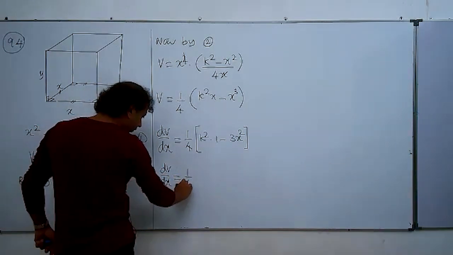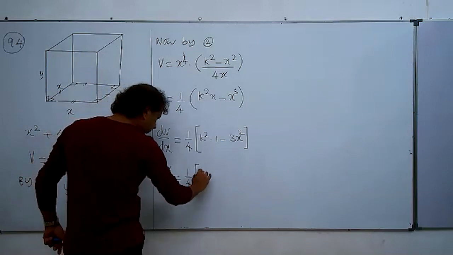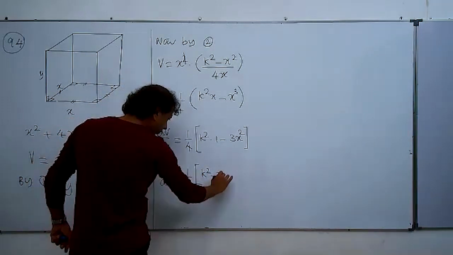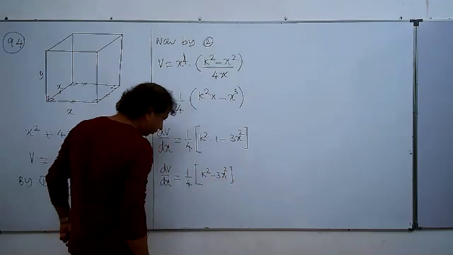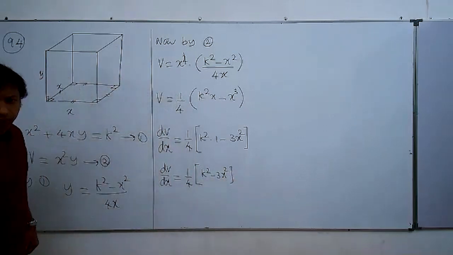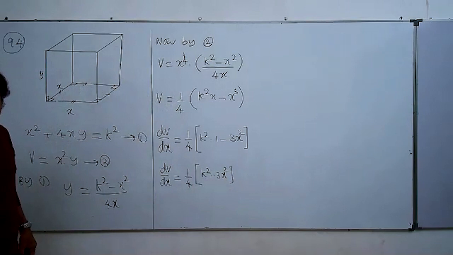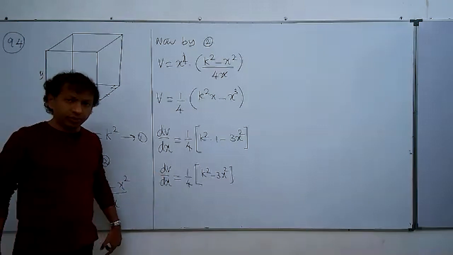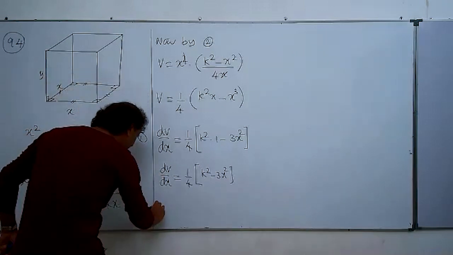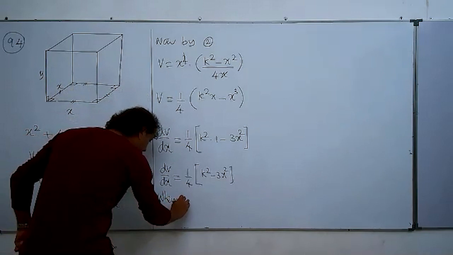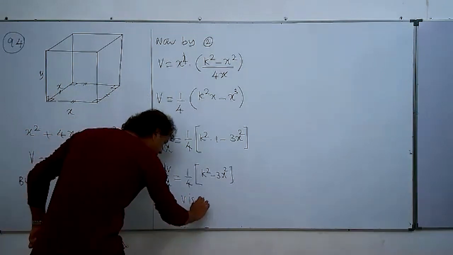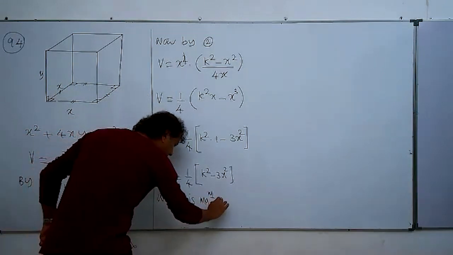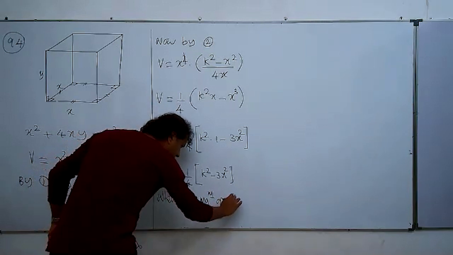Then we get like this. Then, people, when this v is either maximum or minimum, this dv by dx is 0.